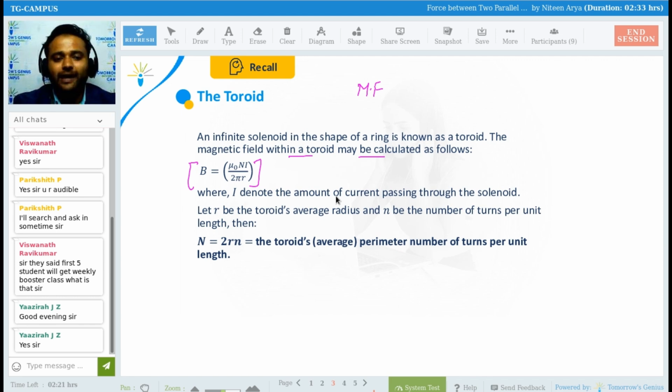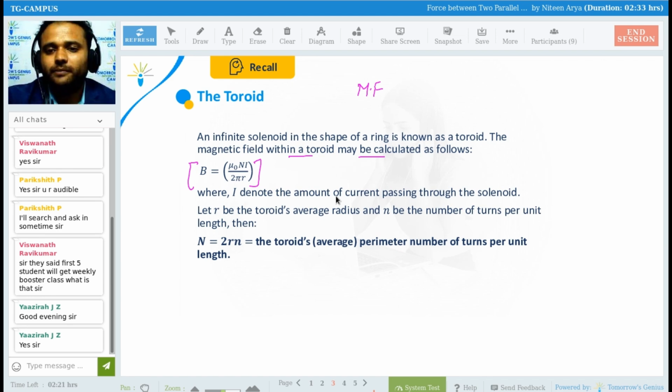If you are not finding notes for the whole chapter, or for a single class, or one or two or three classes, or any particular subtopic, please let me know. Clear, beta?